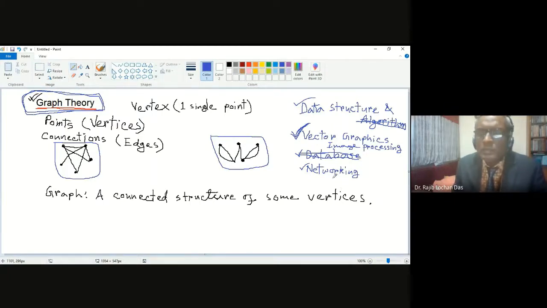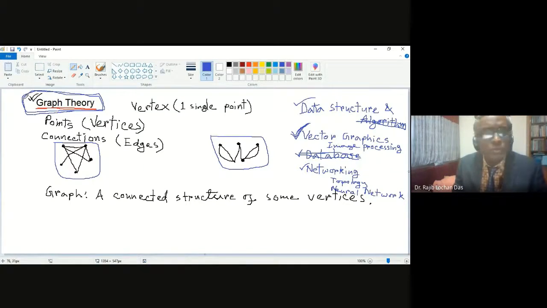Another thing is, if you think about machine learning, you can think about neural network. Okay, so neural network, deep learning, these are also topics in computer science now. So these are also included here. These are also somehow connected with the graph theory concept.